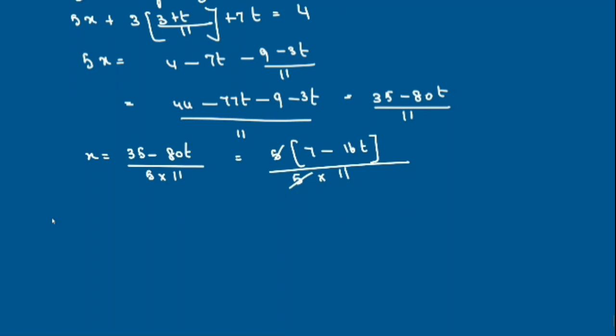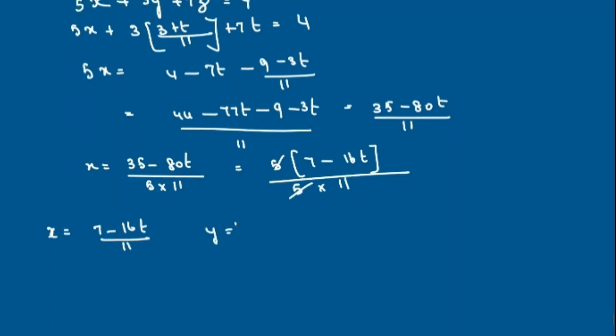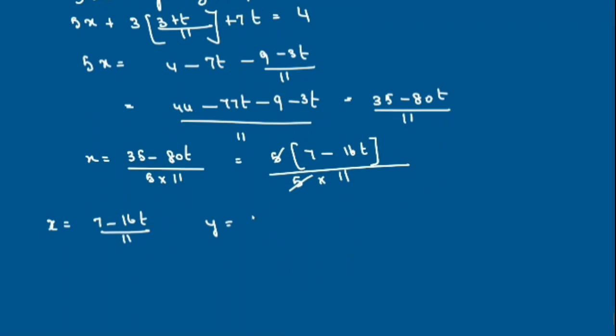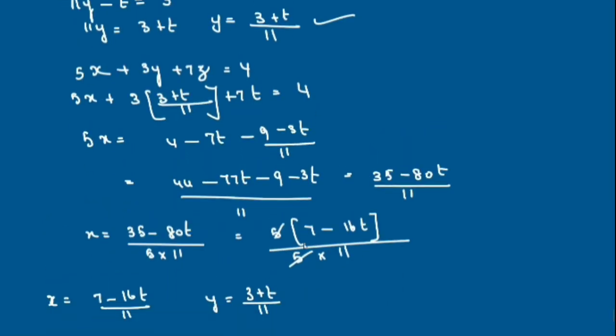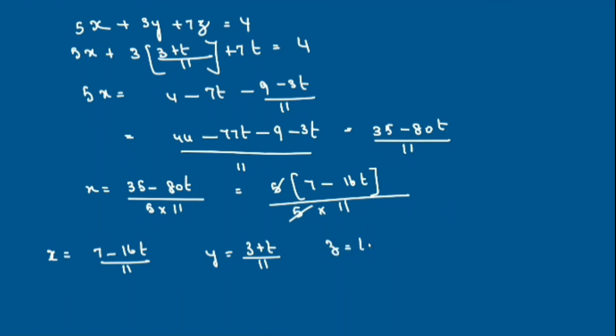So now write all the values together. So x is (7 minus 16t) by 11. Y we got as (3 plus t) by 11, and z is t. So this is the final solution.